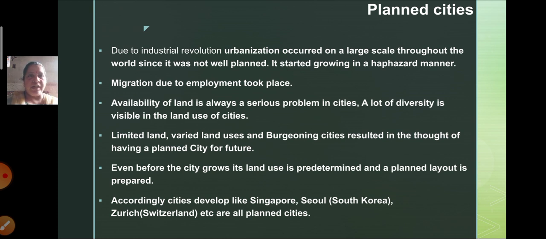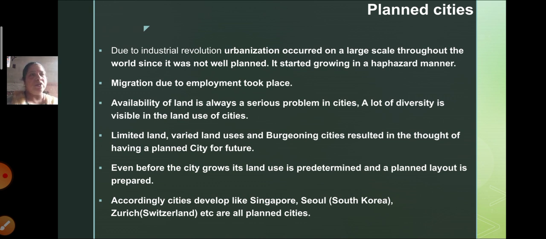History is proof that because of the industrial revolution, urbanization had taken place. It was not at all planned at that time, so what happened? It started growing in a haphazard manner, as they wanted.